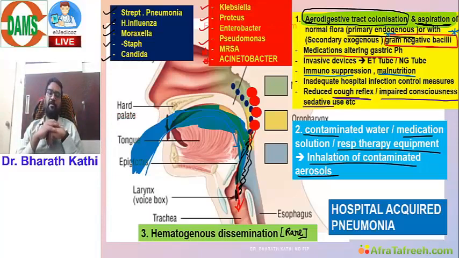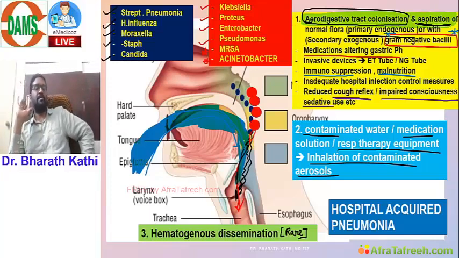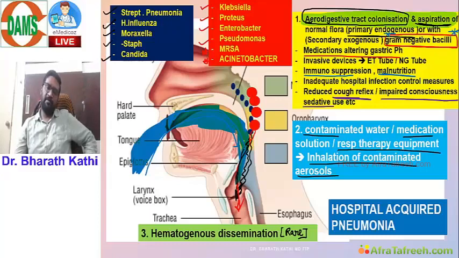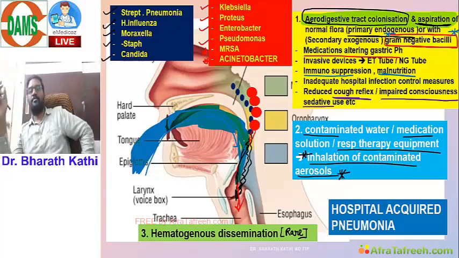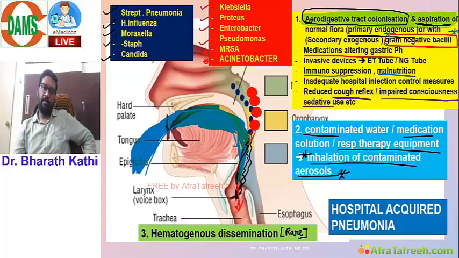And the second mechanism, because of contaminated water or medication solution, respiratory therapy equipment, there can be inhalation of contaminated aerosols. So these are the two mechanisms: aerodigestive tract colonization and aspiration of various organisms, and inhalation of contaminated aerosols from the contaminated water or medication solution. Then coming to ventilator associated pneumonia.